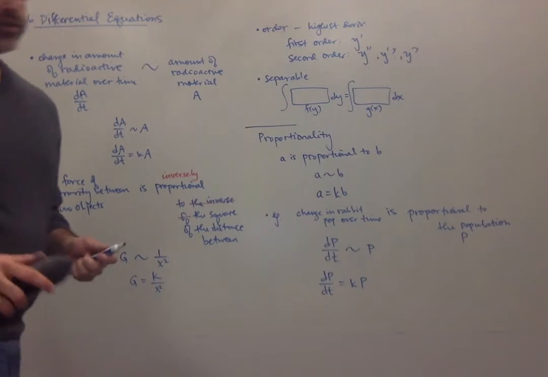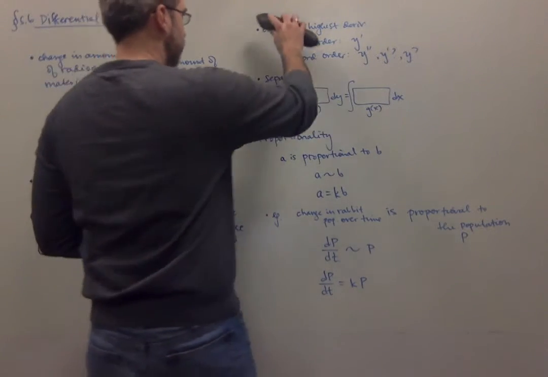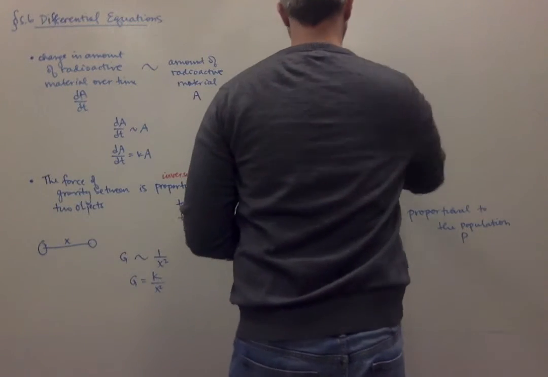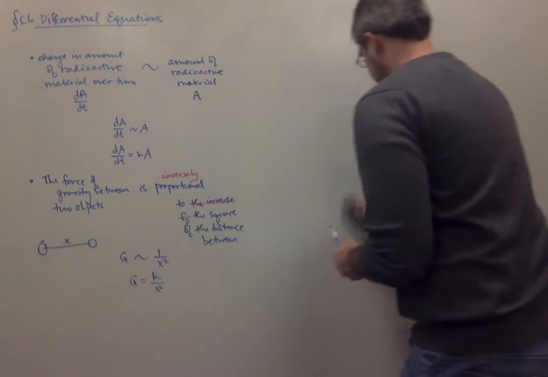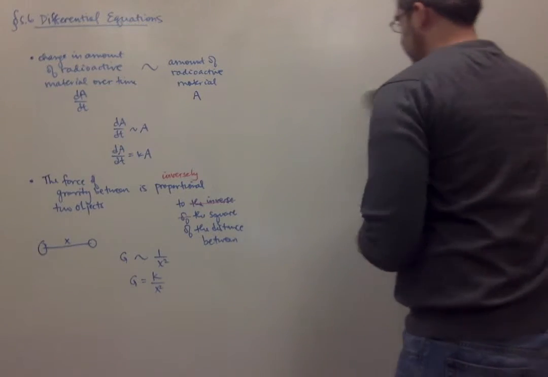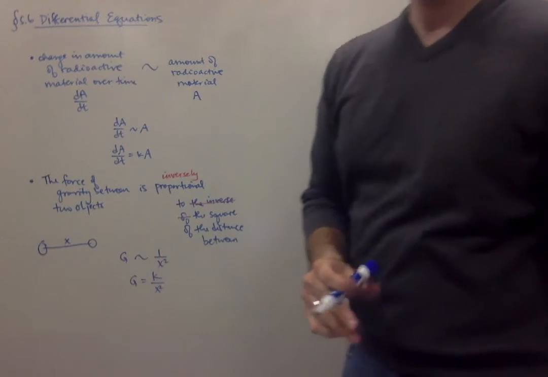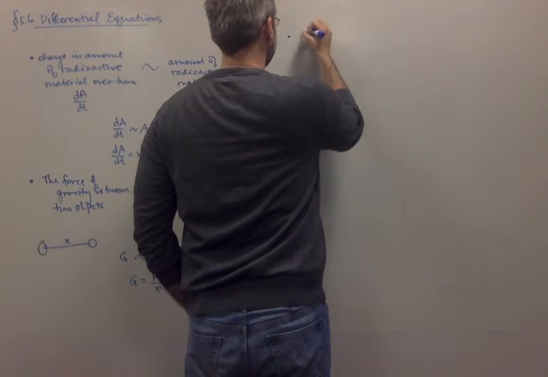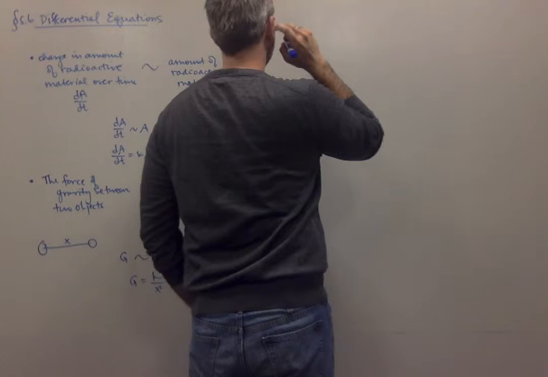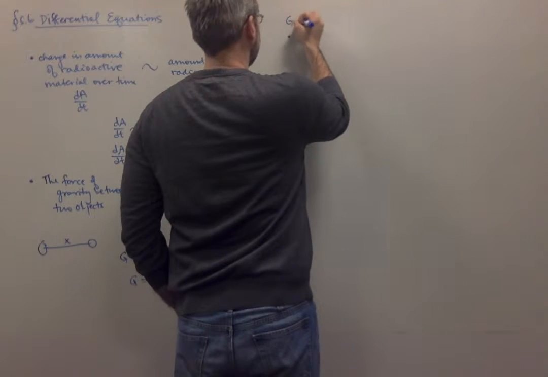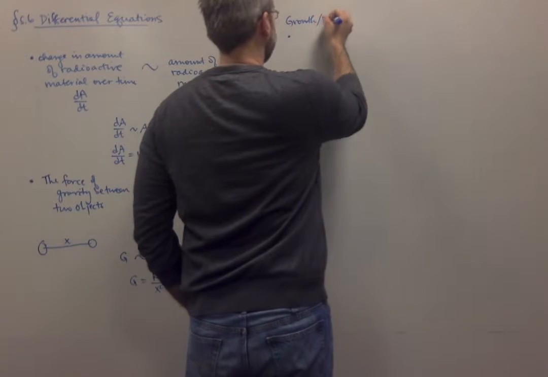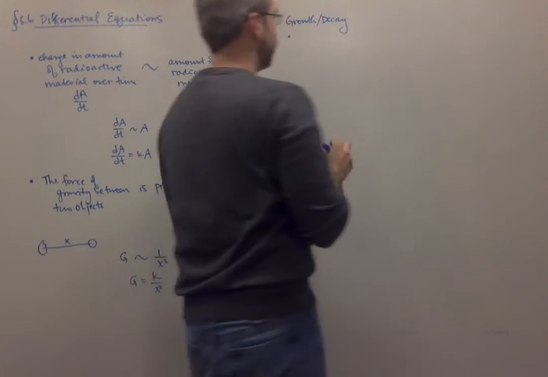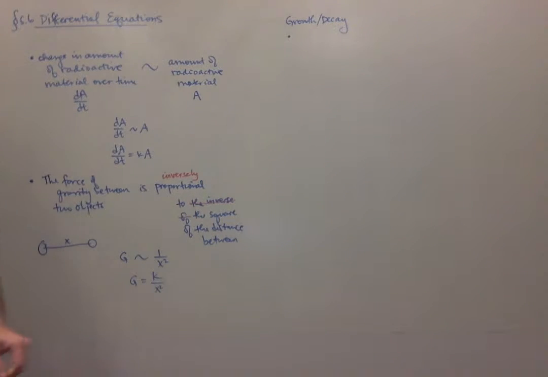So now what we're going to do is solve a differential equation that involves proportionality. It's a separable differential equation, and it's called a growth or decay equation. It's actually called an exponential growth or decay equation because the answer is going to be an exponential function, but we're going to get to that.